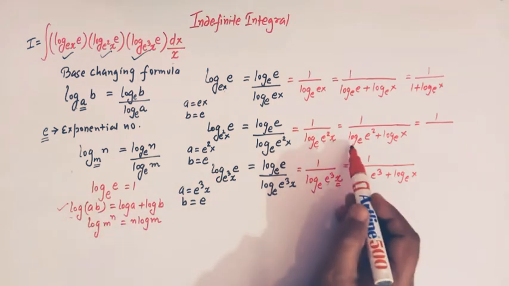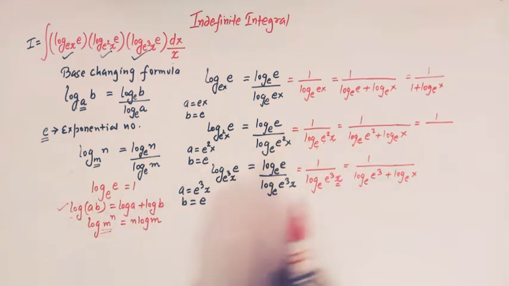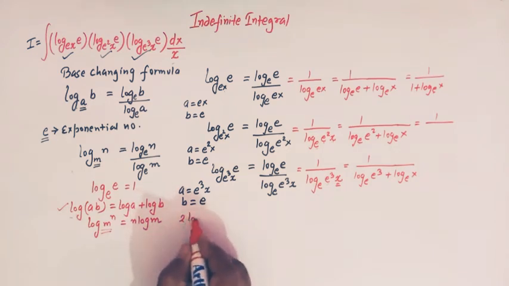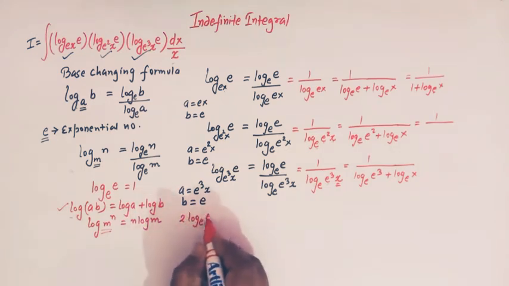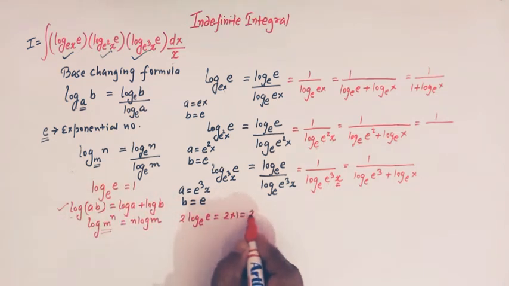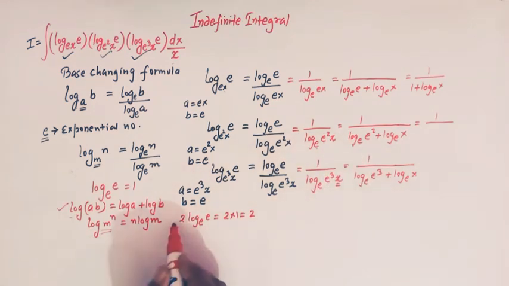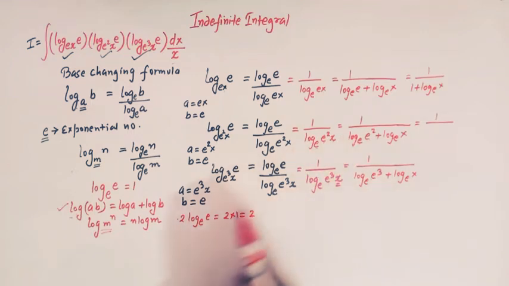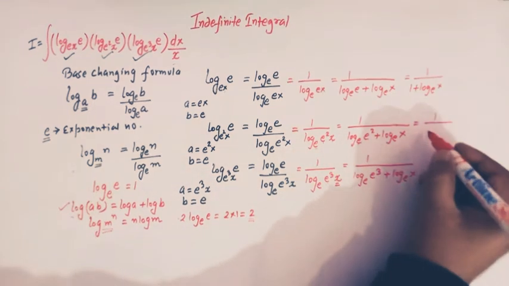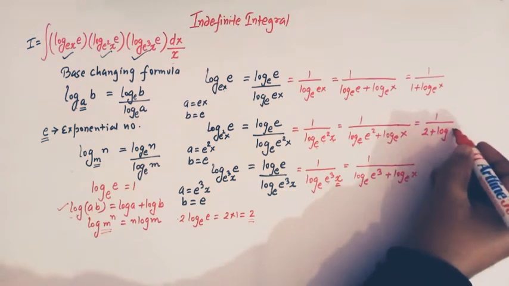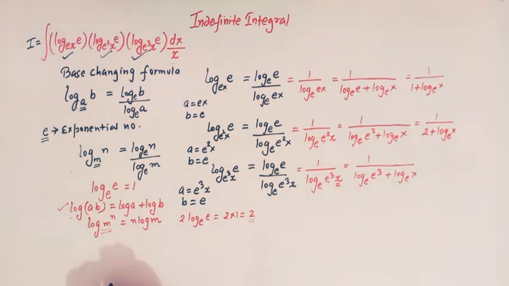So if we apply this rule to this term, then we'll have 2 times log e, and log of e to the base e is 1, so we have 2 times 1 is equal to 2. So the value of log e square to the base e is 2. So here we can write 2 plus log of x to the base e, right?